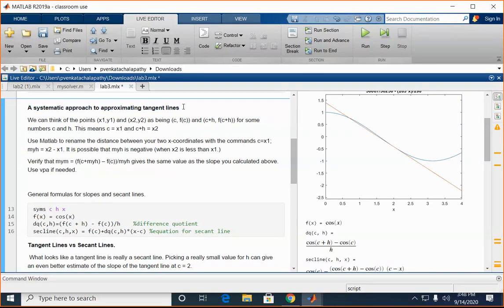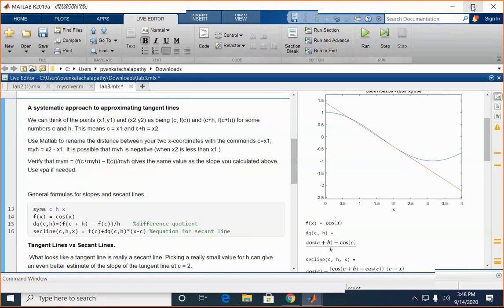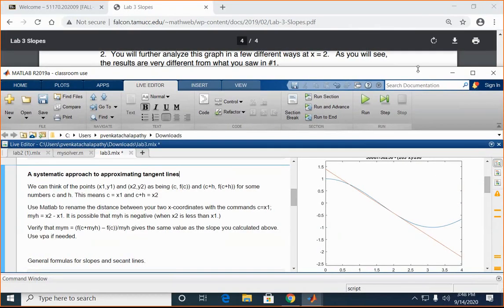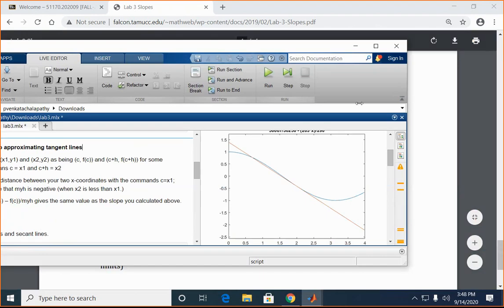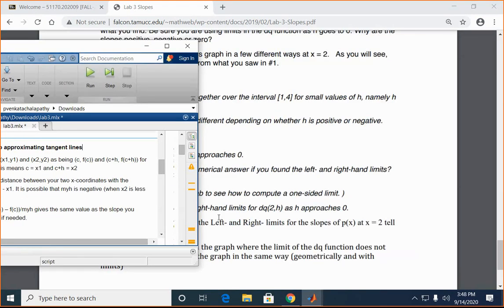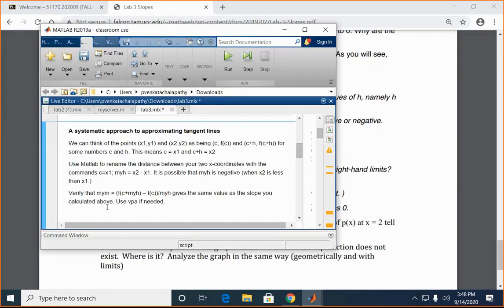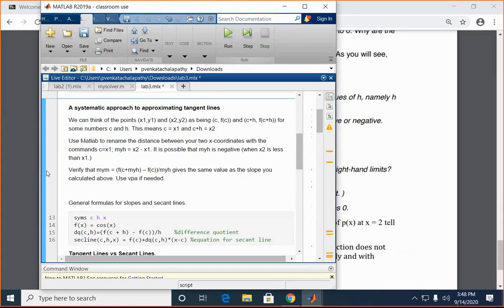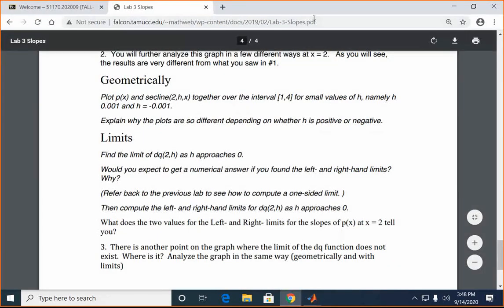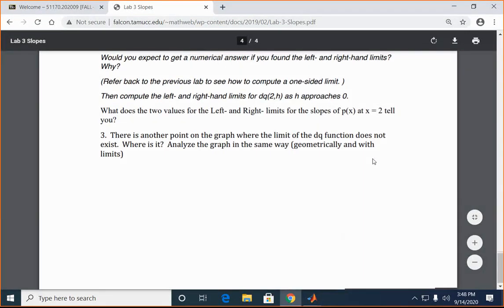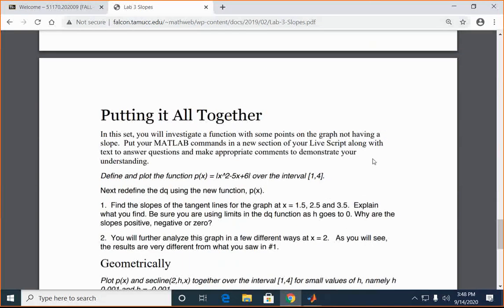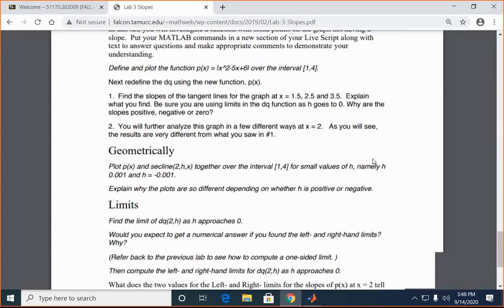This method is used. Most of you had asked for hints on how to solve the assignments, so let me give you hints on that. This is your lab 3 assignment question.